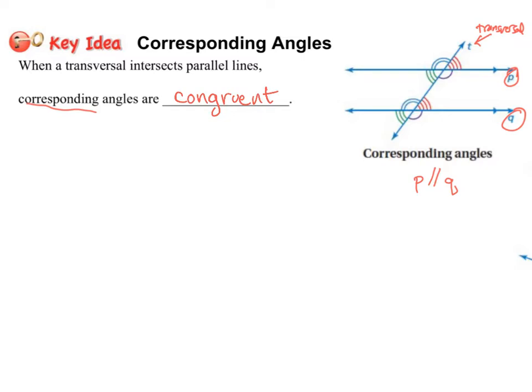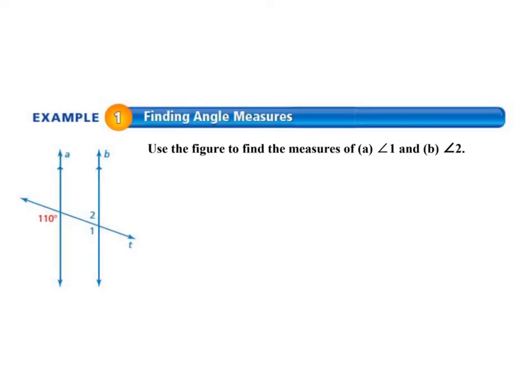We just used the word corresponding when we were talking about similar figures. And looking at the picture, notice that each angle that has the same number of arcs and the same color in this picture would be called corresponding. And we'll talk more about that as we continue. So in this example, we are trying to take what we know, that this angle over here is 110 degrees, and figure out what angles 1 and 2 are equal to.